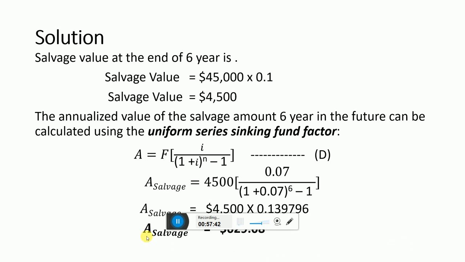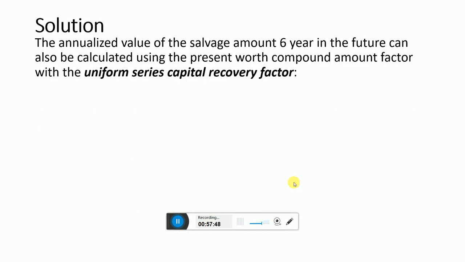Similarly, the annualized salvage value we can calculate by equation F, which is the uniform series capital recovery factor. The annualized value of the salvage amount for 6 years in the future can also be calculated using the present worth compound amount factor with the uniform series capital recovery factor.